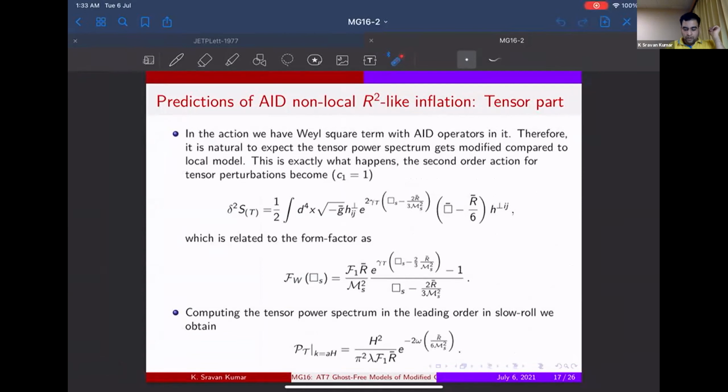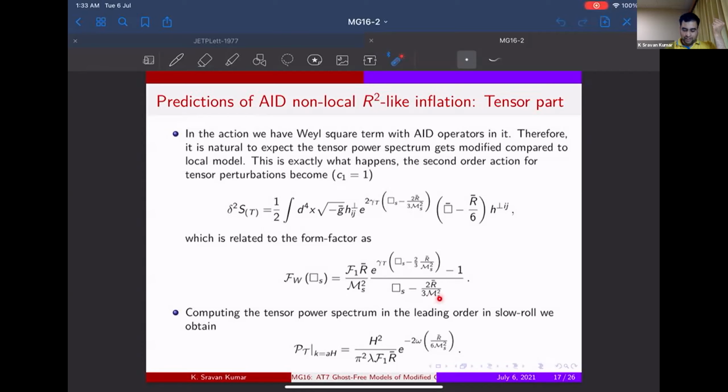So now we do the tensor perturbations, and again we want the theory to be ghost free. Then we demand that f_W, the new non-local function in the Lagrangian between the two Weyl tensors, should be of a specific form around de Sitter, and note that Weyl f of box Weyl will not introduce any sound speed for tensor fluctuations.